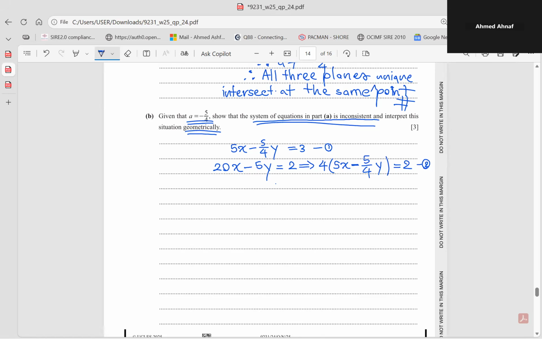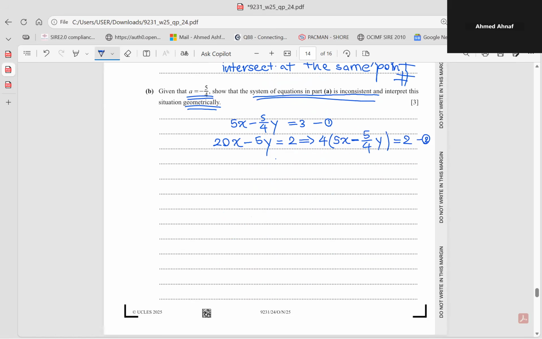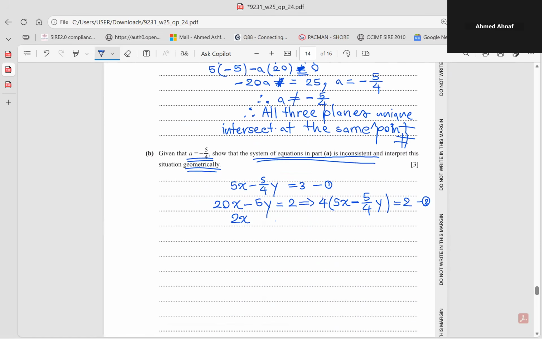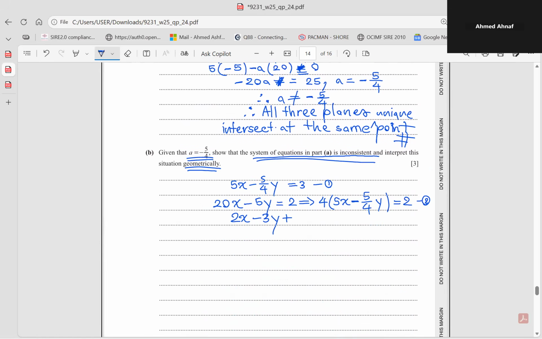But since the right-hand side is not equal, they're not the same plane, they're just parallel. And the last one is a completely unrelated plane, 3y plus z equals 1.